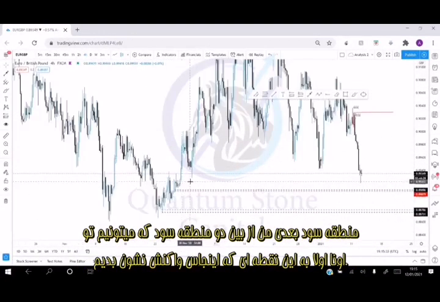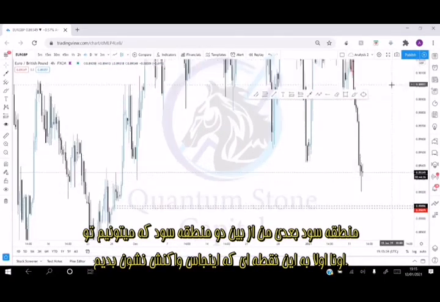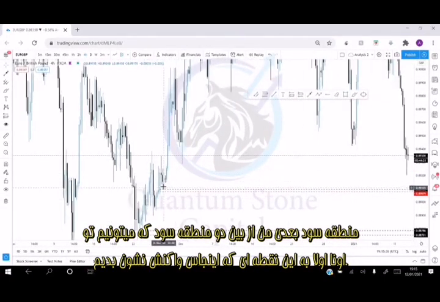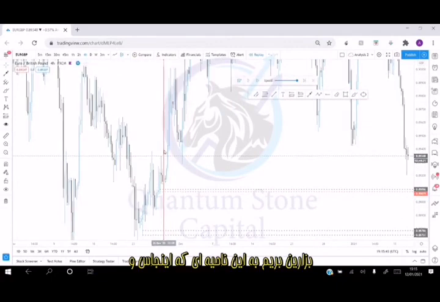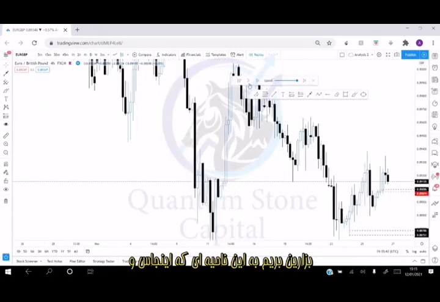My next area of interest, I've got two areas of interest that we could react off. The first being this point here, just scaling into this region here.